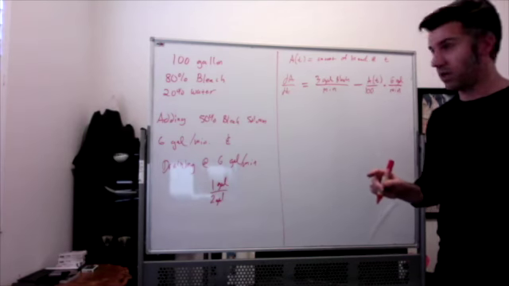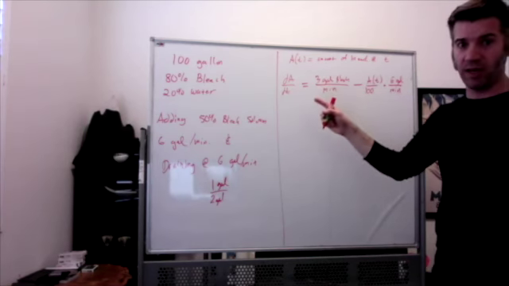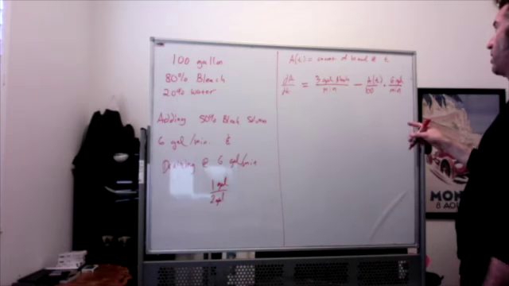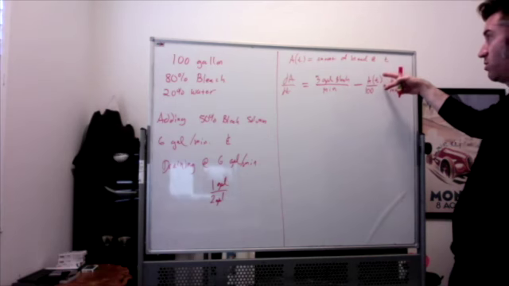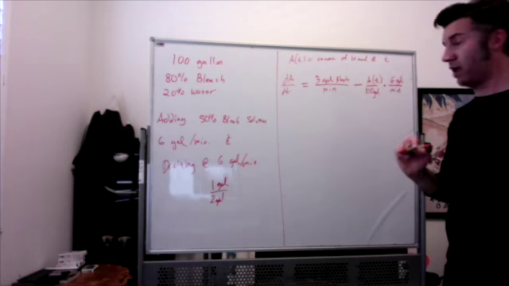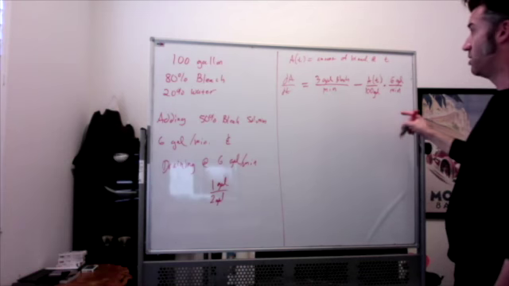The rate going in is 6 gallons per minute times 1 gallon per 2 gallons, and the rate going out is 6 gallons per minute times the amount of bleach per 100 gallons. Okay, so there's our differential equation.